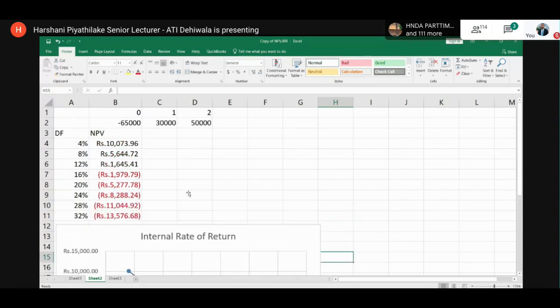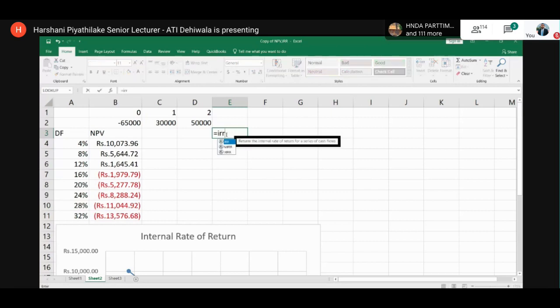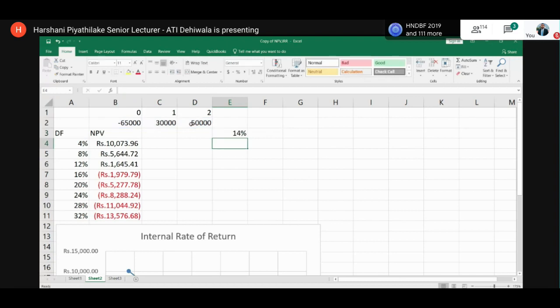When we calculate IRR for this one by using the formula, by giving this range, we can say yes, that is 13.77 point. This is the IRR. You can use the formula, but without using the formula, by using the graph, you can find out the IRR.